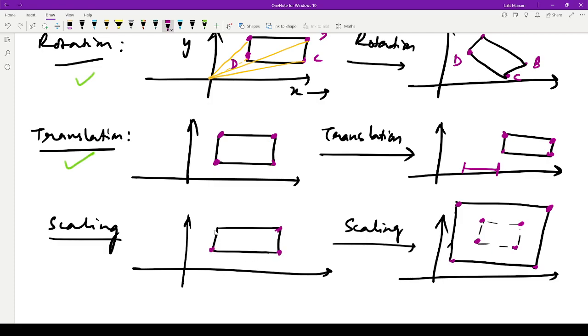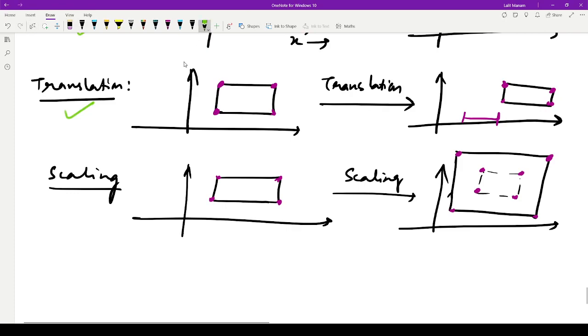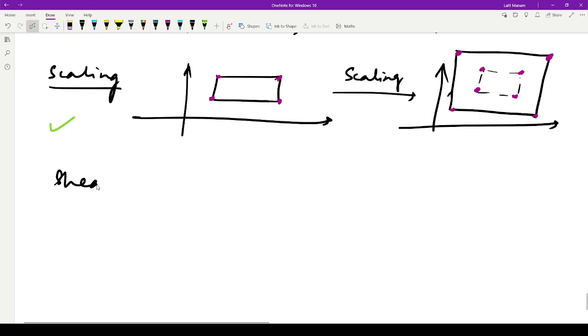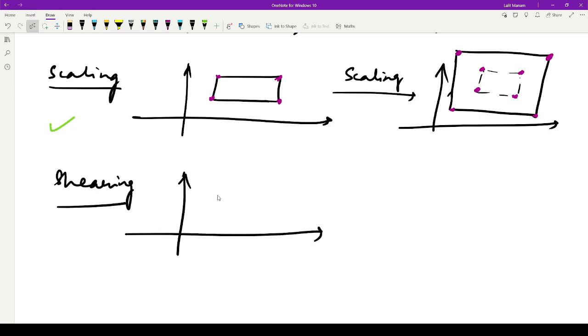What about shearing? How does shearing look? If I shear the x-axis with respect to the y-axis, the same example given in the lectures, how will it look?